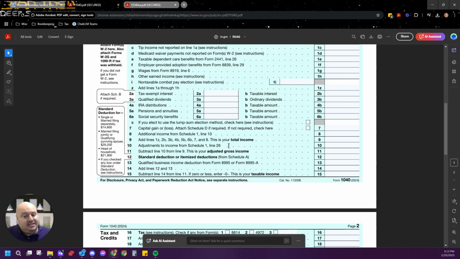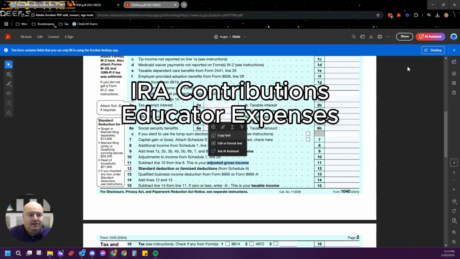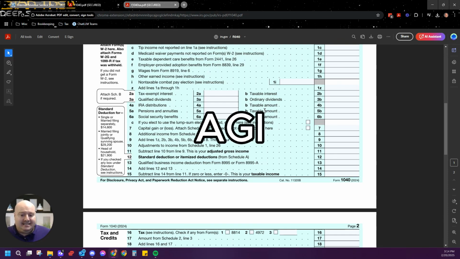And then any adjustments to that income, for example, if you had IRA contributions or educator expenses, that would be adjusted right here, which then would go to your adjusted gross income. You've probably heard a lot of times, most tax preparers, IRS, everyone's going to talk about your AGI. Well, that's what your AGI is: your total income with the total adjustments that you get to take off that top line income.